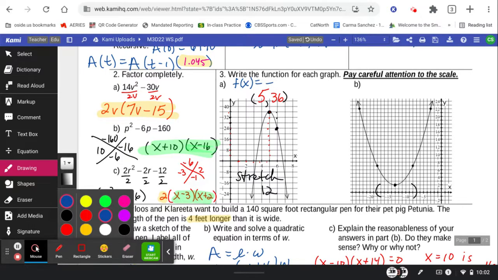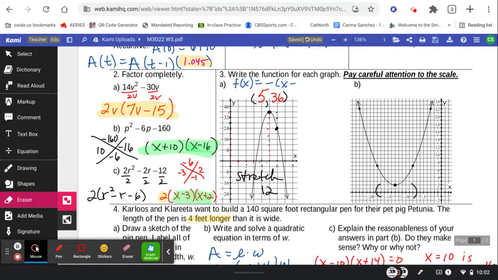There's a negative because it's an upside down parabola. X minus 5 squared, coming from the front part of the vertex, the h, and then plus 36. Oops, sorry guys. Forgot the stretch. There's a negative because it's upside down. It's a 12 from the stretch. X minus 5 squared plus 36.